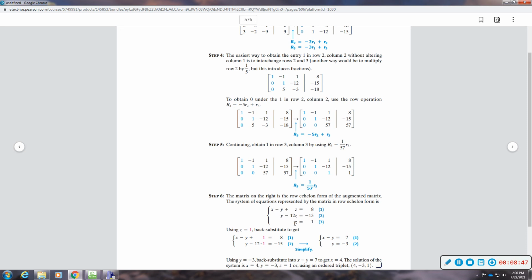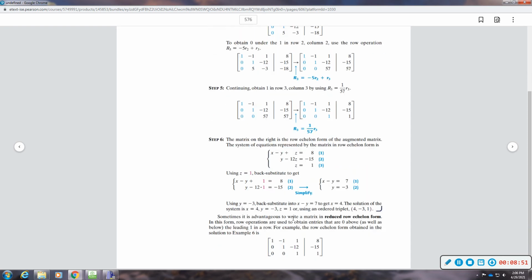As you look at this, this will help you to identify values for x, y, and z when we try to solve it. So here we can see that z is 1. If we replace z with 1 here, we will be able to solve the y equation. So plug a 1 here, and then we would add 12, and that's how we get y equal to negative 3.